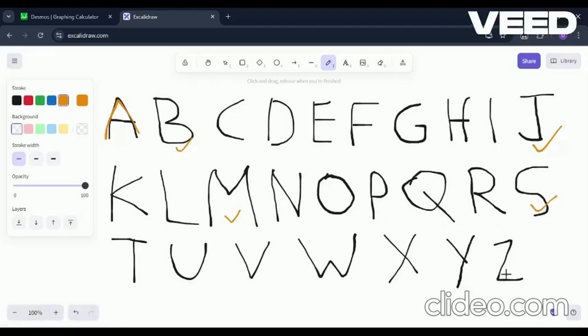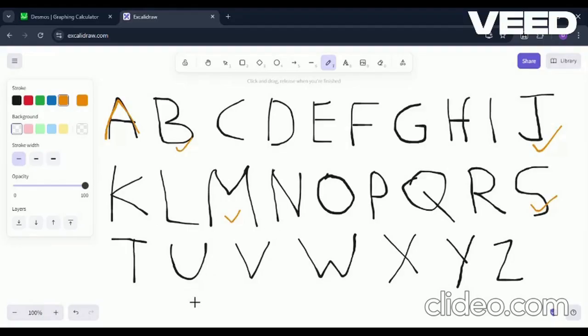S you can try, I've already told you how you can try S. Now T is also easy. Now U is a pretty good one, because if you see all these alphabets, in fact every alphabet requires a straight line and a semicircle or a full circle.